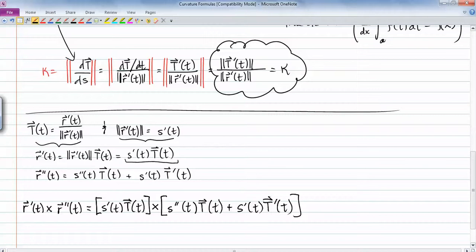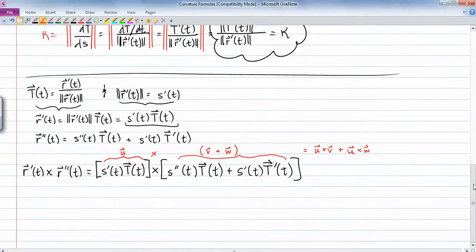So let's think of this as a vector u, cross the sum of two vectors v plus w. Now we learned back in unit 6 or so one of the properties: the way this distributes, you get u cross v plus u cross w.